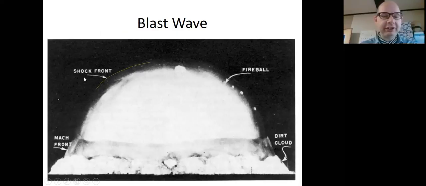Everything in front of the shock front hasn't actually seen the effect of the nuclear explosion yet, in some sense. So that's why you have this very strict barrier between where the shock front hasn't hit yet and where the shock front has hit.